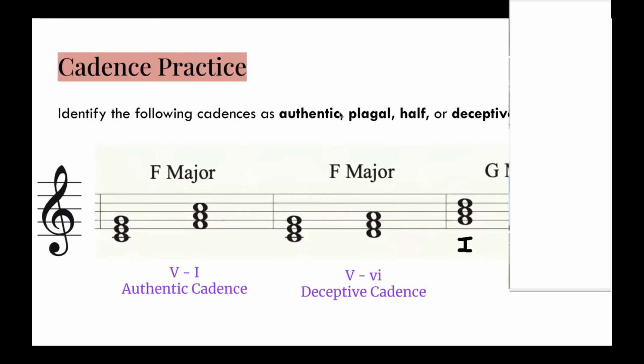Remember that it's in either the first or second inversion. First inversion. Yeah, it's in the first inversion. So that's a D chord. So this is a half cadence, which is a 1 to a 5, which makes it a half cadence.